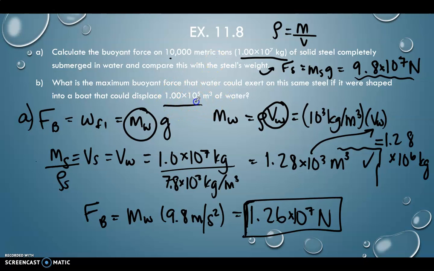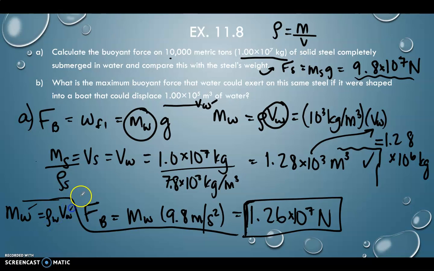So this is going to be a new volume of water. I'm going to say prime. I'm going to try to squeeze it in here. If not, oh well. So we have a new volume of water, so our mass is going to be different. So M W prime is going to be the density of water still times the new volume of water.